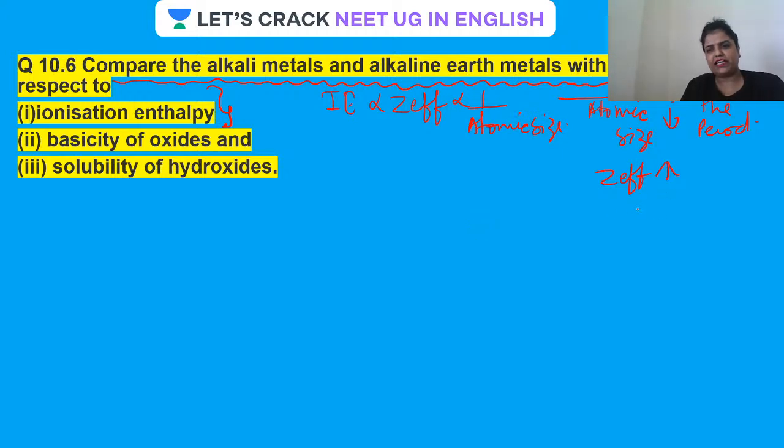So what should ionization energy be? Atomic size is decreasing, so ionization energy will be what? Increases. But the very important thing to be known here, guys, is you should compare first and second both. So if you talk about first ionization energy, I'm repeating, the first ionization energy of alkaline earth metal is more. By applying all these concepts, it is only the first ionization energy of alkaline earth metal.